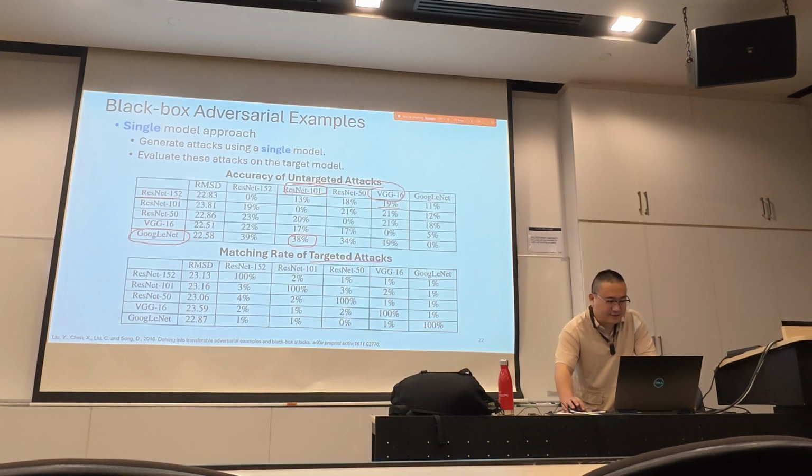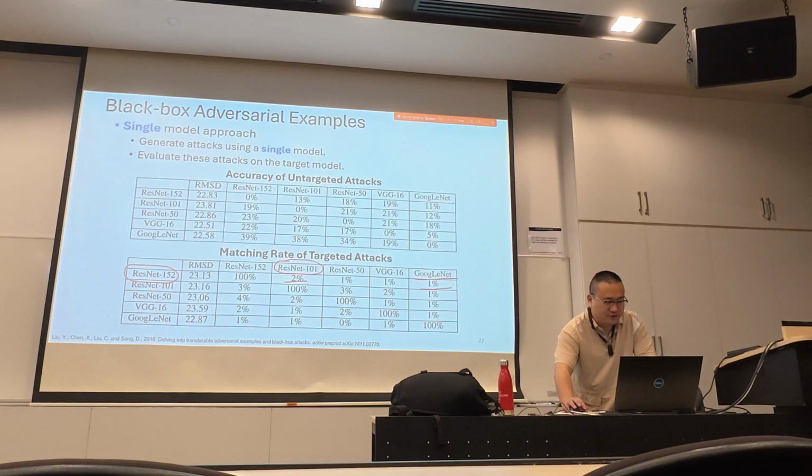For targeted attacks, we can see that the results are much worse. When we generate the attack locally against ResNet 152 and then pass the attack to a black box like ResNet 101, only 2% of the time we can succeed, or maybe 1% of the time for GoogleNet.